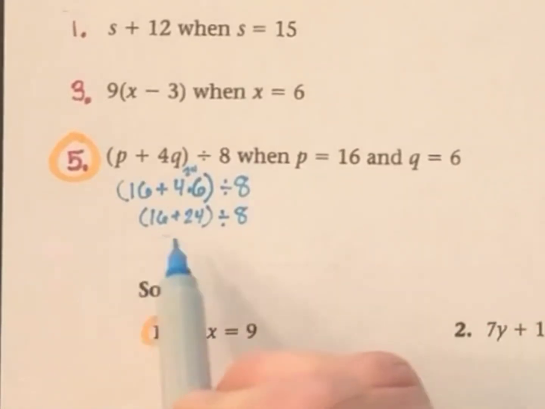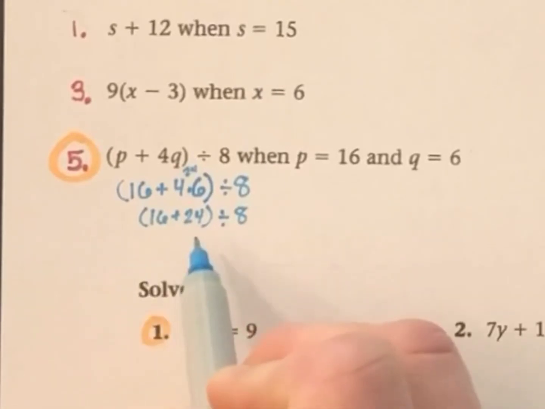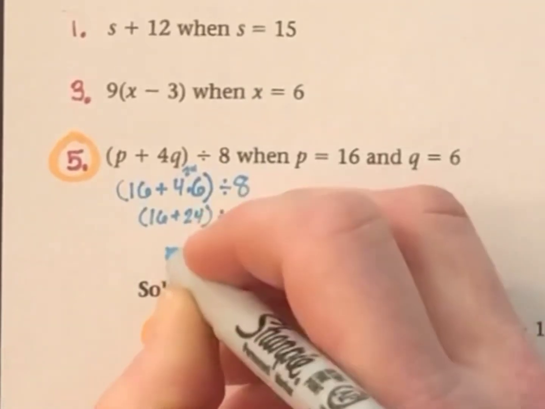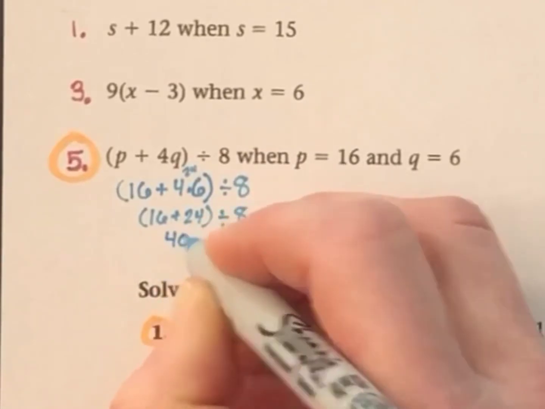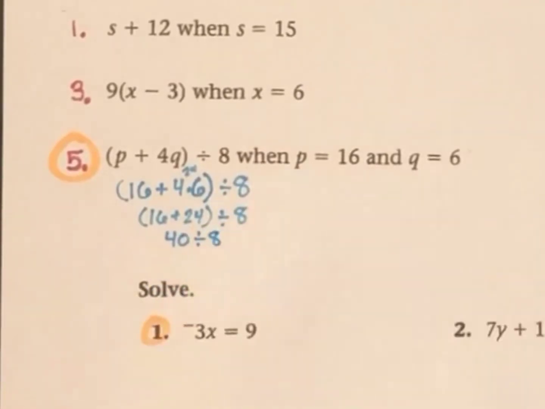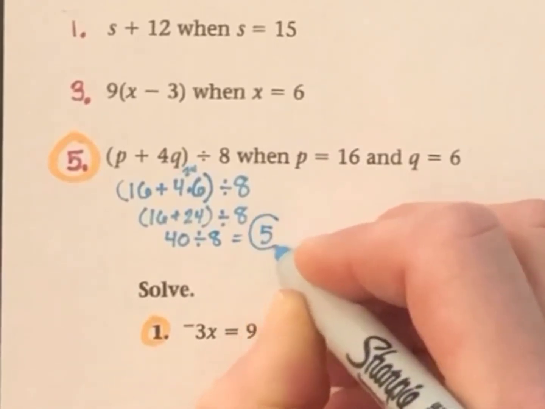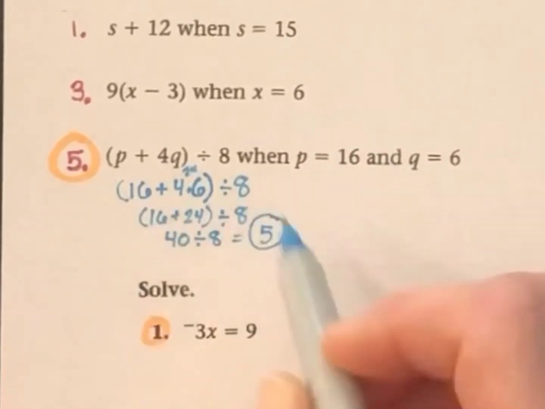So now I still have one operation inside the parentheses. 16 plus 24 would be 40. So I have 40 divided by 8, and that's 5. So the value of the expression is 5.